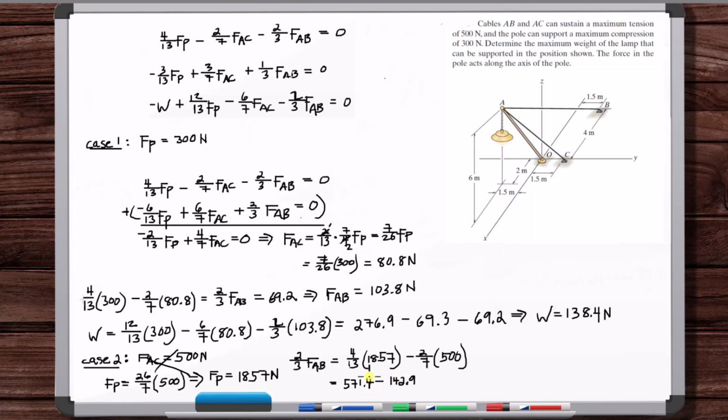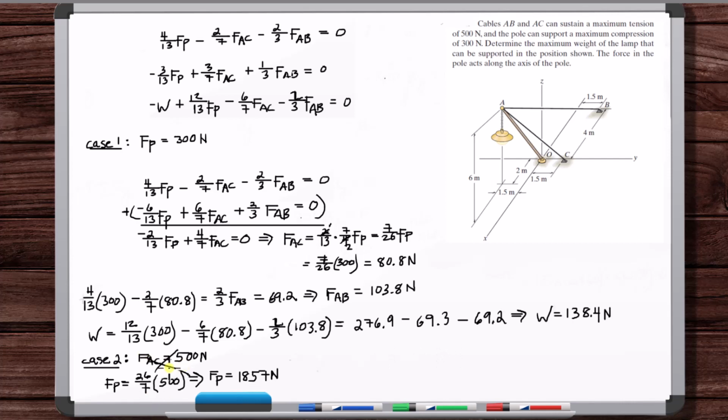Yeah, so this is going to come out to a negative number, but that's not even possible because if the force in this cable, we're pulling at 500 newtons, this would need to be in compression and this would need to be in compression to support that. So that can't happen. So you can run through all of the scenarios, but all we need to do here is look at the cases.